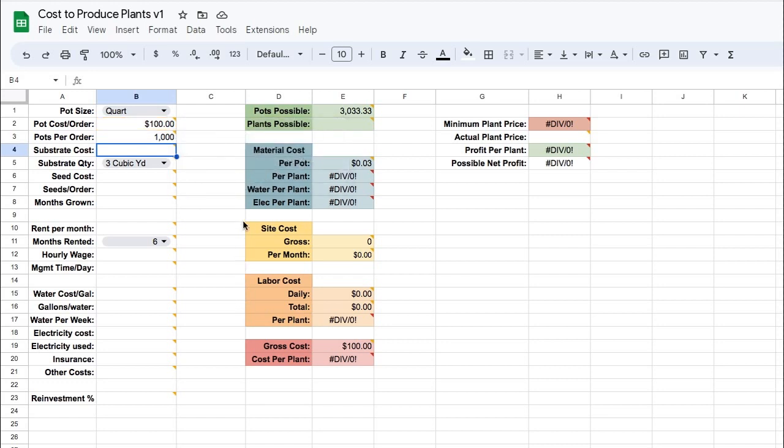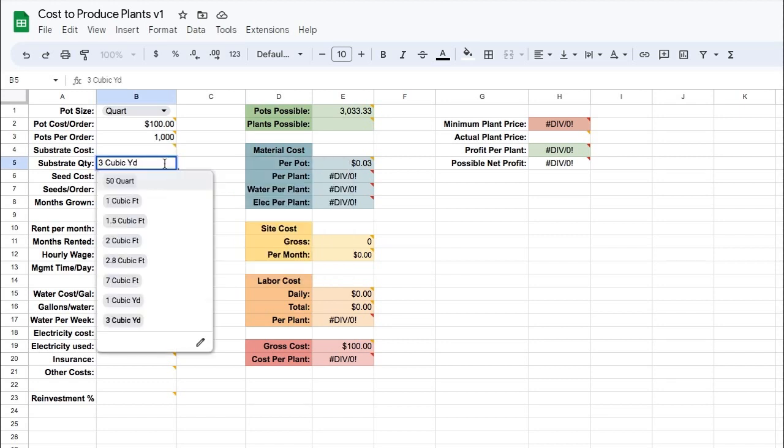Now, in the substrate quantity field, these are generally at the bottom here the kinds of bagged sizes of soil that you will commonly find at hardware stores or garden supply stores. So 50 quarts, a cubic foot, 1.5 cubic feet is generally the size of many potting soil bags that I see out on pallets in front of some of the stores.